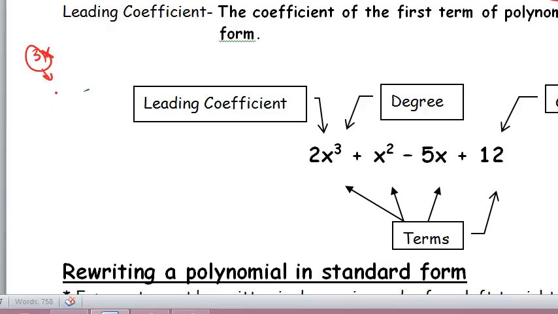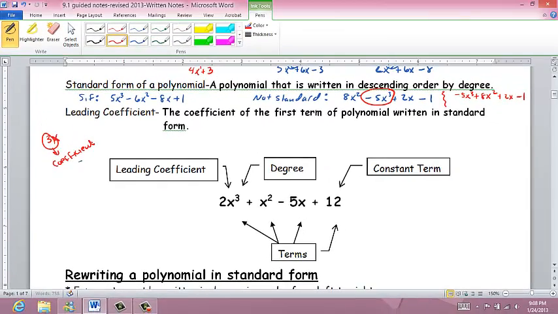Okay, so when I look at this term, 3 is the coefficient. Now, in a polynomial, the leading coefficient is the coefficient of the first term, or the term with the highest degree. Okay, so basically if you take the polynomial, you write it in standard form. If you look at the very first term, the coefficient of that term is the leading coefficient.